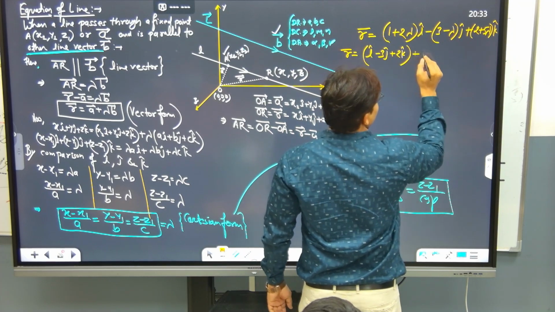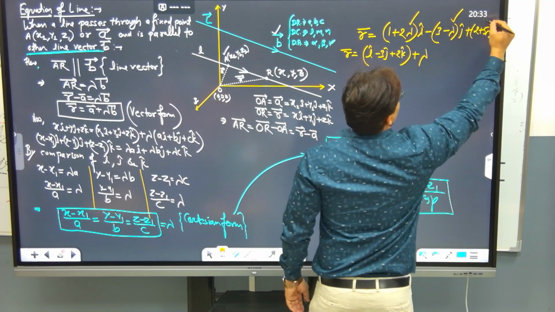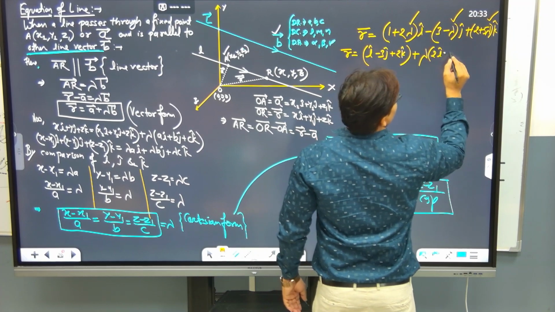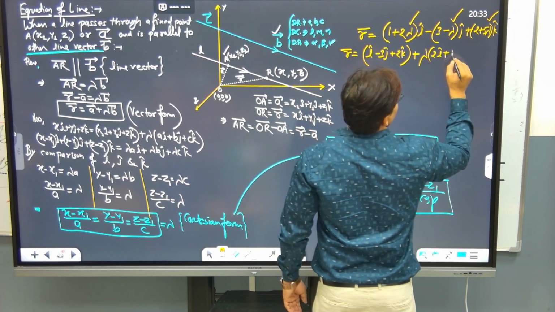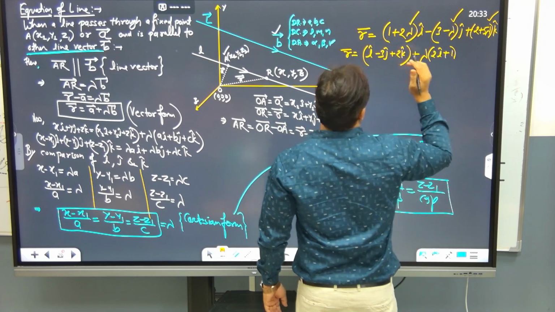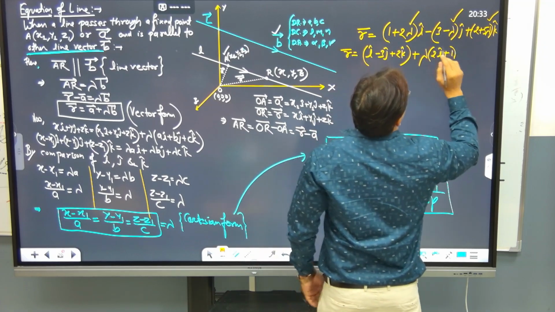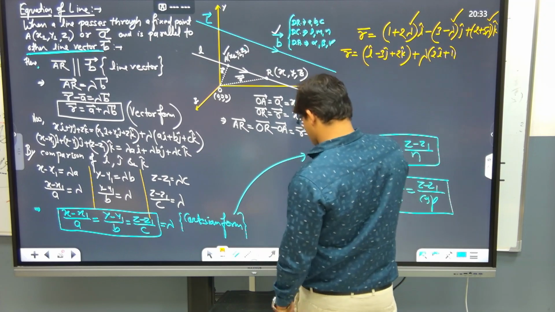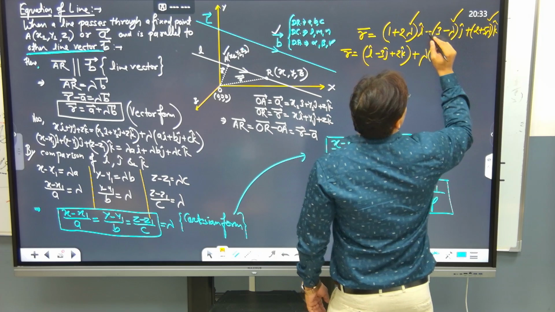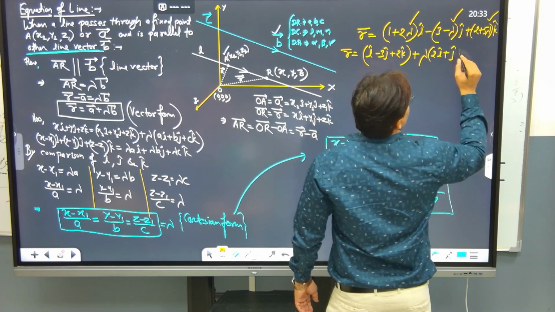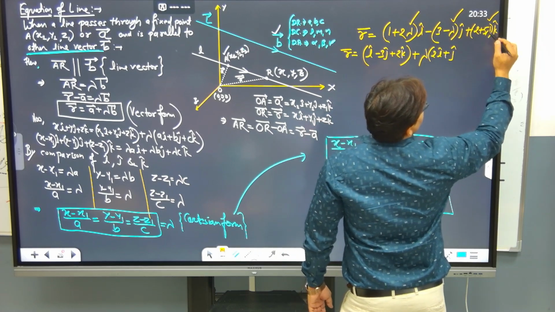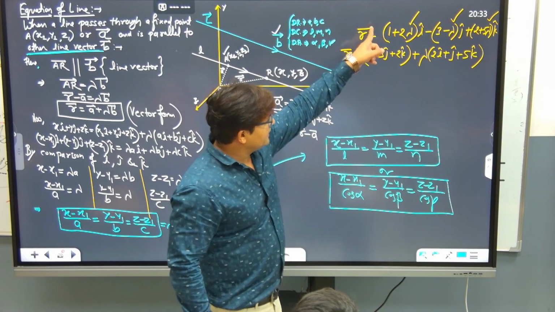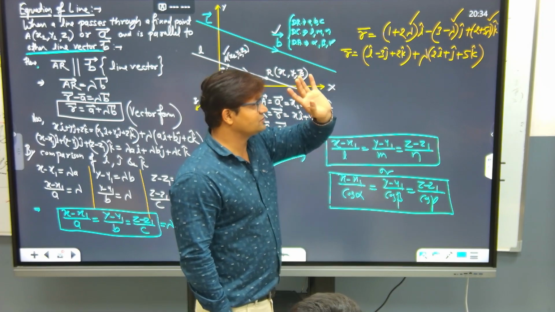Then take lambda: we have lambda in each, so lambda times (2 i cap, minus 1 j cap, plus 5 k cap).